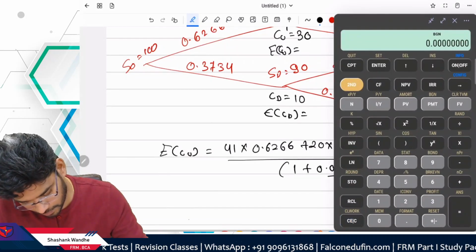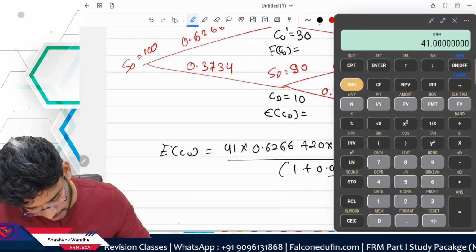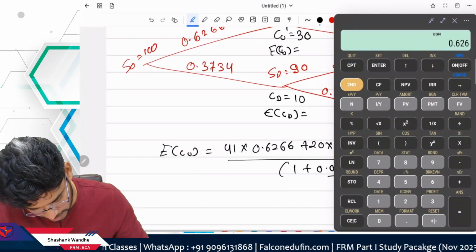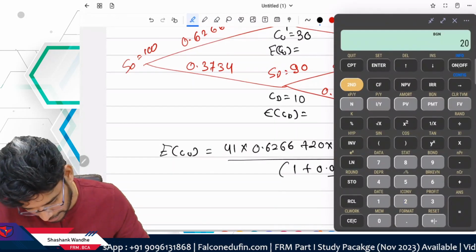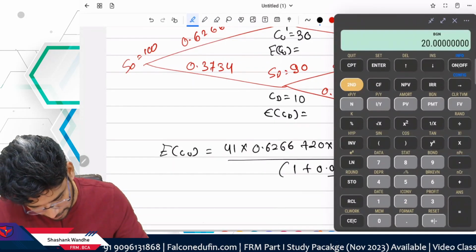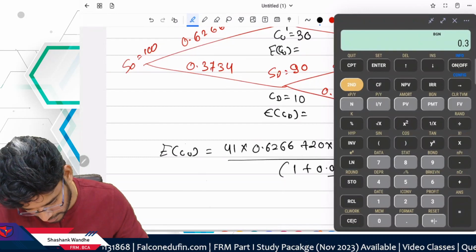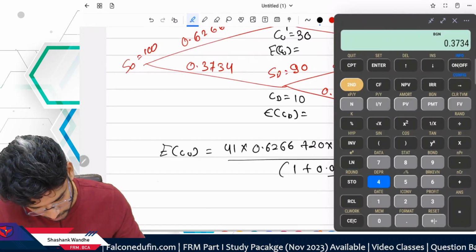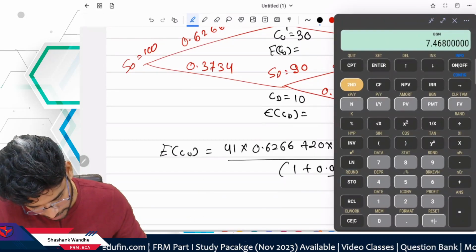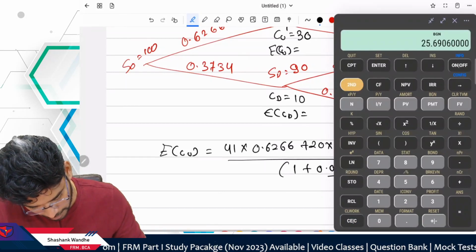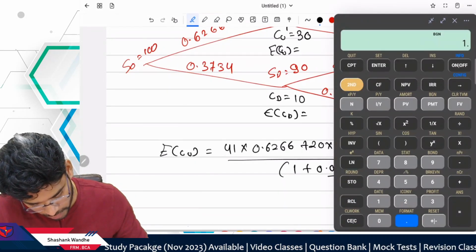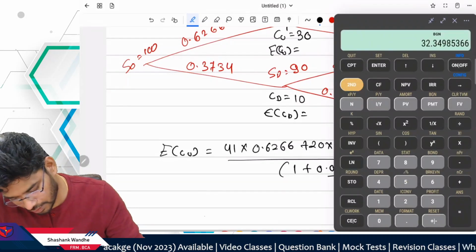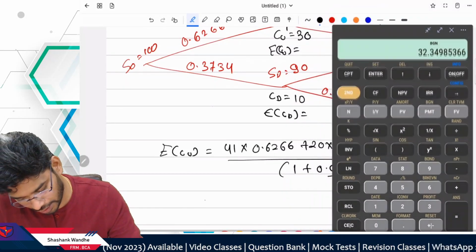So 41 multiplied by 0.6266, whatever is the answer, store it in the 1. 20 multiplied by 0.3734, whatever is the answer, store it in the 2. Recall 1 plus recall 2 divided by 1.025, 32.349.